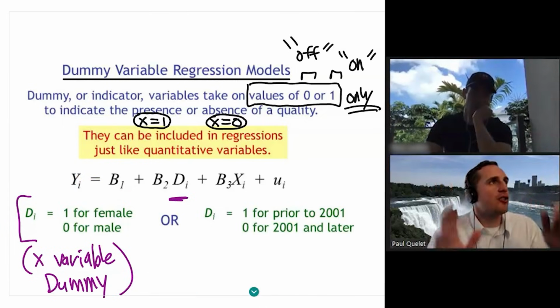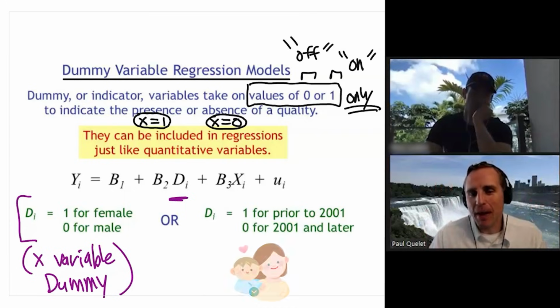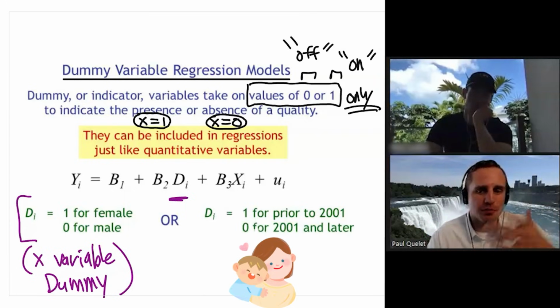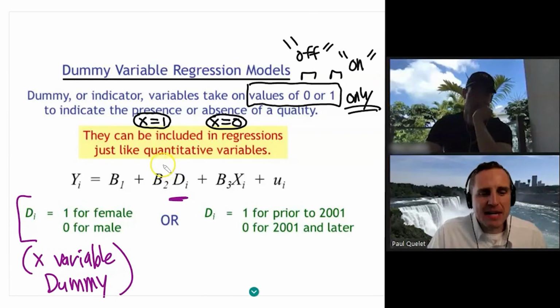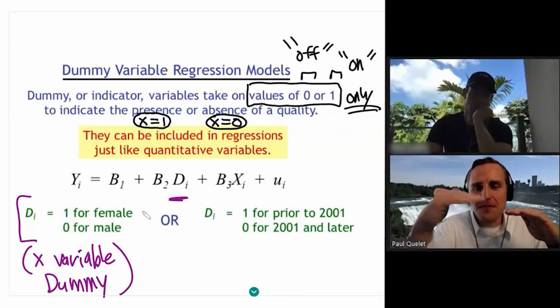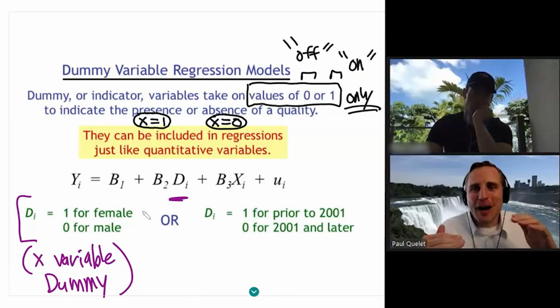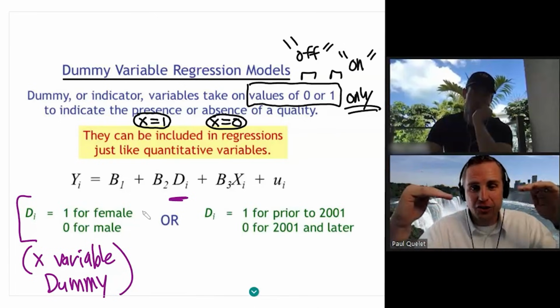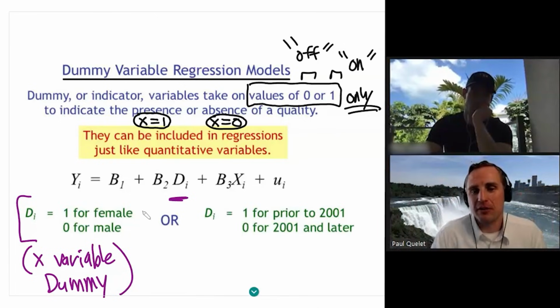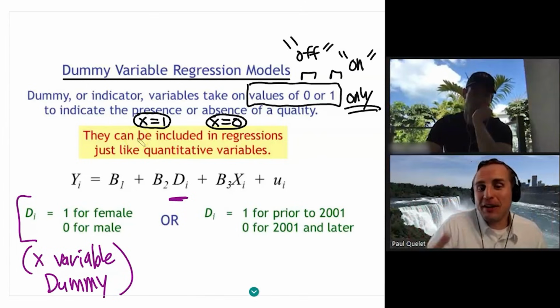Say a psychologist is measuring how much compassion somebody has for children. Let's suppose B2 is the slope associated with the dummy variable. If you go from being male to female, and B2 is positive, that means you get an extra bump in your compassion for children if you're female. So it's sort of worth being a female if you want to have more compassion, so to say.